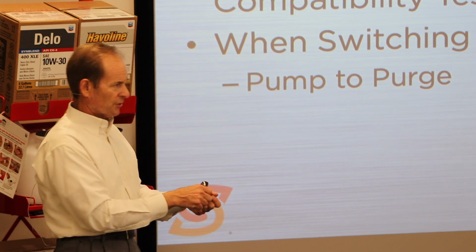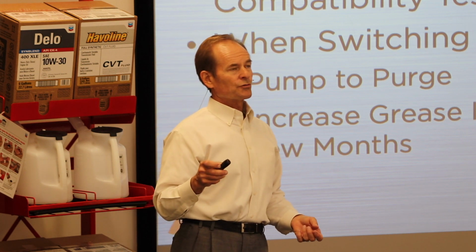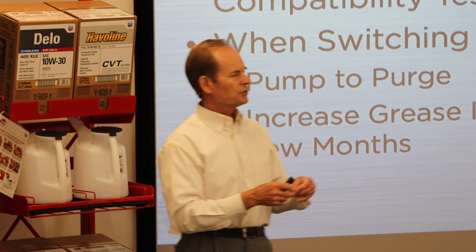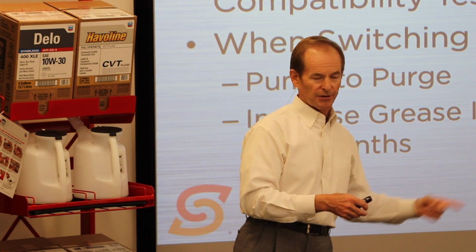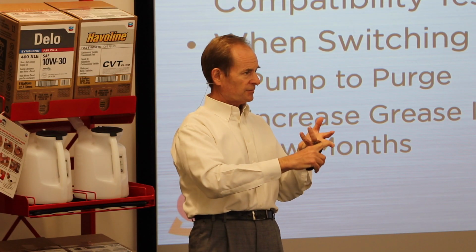So you pump till you purge, and then what you do is you increase your frequency of re-lubrication for a period of time. So if you used to grease once a month on this bearing over here with the stuff, and you do the switch over, now you go by once a week to re-grease it. And going by once a week will, one, help get more stuff flushed out, if you do this right.